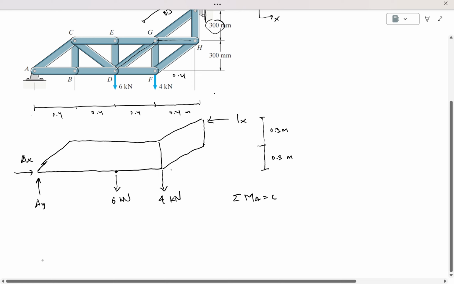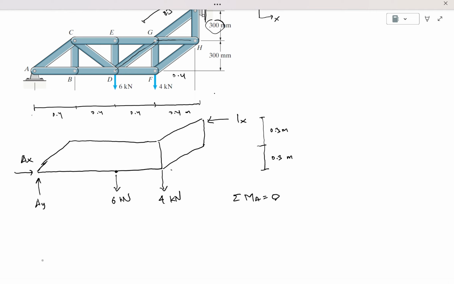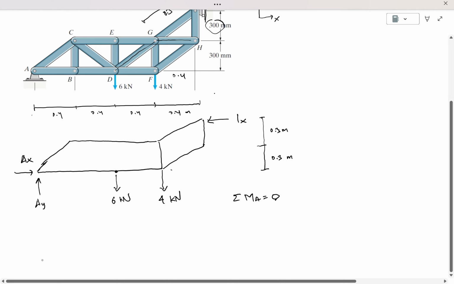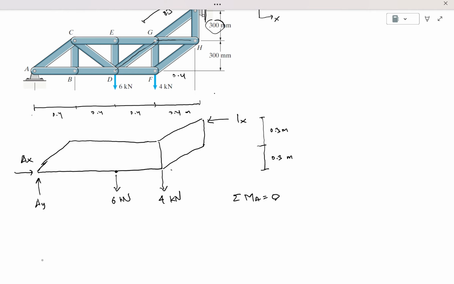Sigma moment at point A equals 0 means that all these forces at point A will not generate any moment, but the 6 kilonewton will generate a clockwise moment. So minus 6 times this distance, which is 0.8, and then you have minus 4. Why?